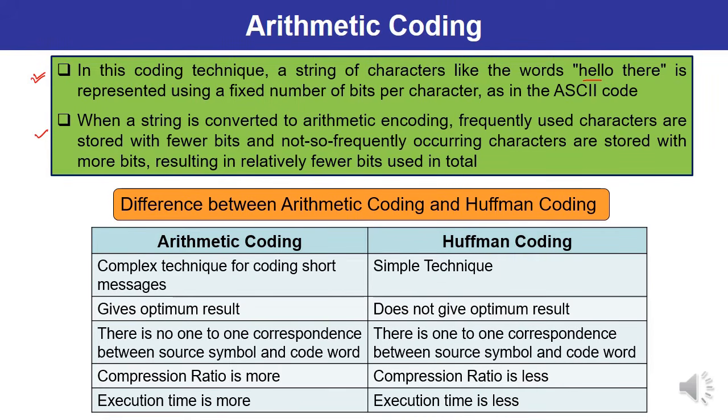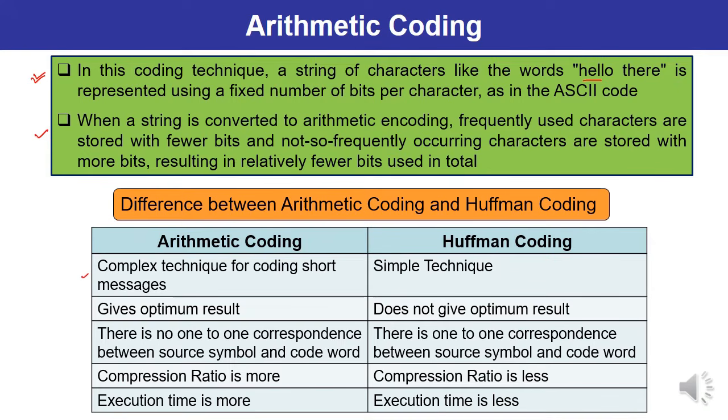But you have to study what is the difference between the arithmetic coding and Huffman coding. You must have studied till now run length coding, Huffman coding, Shannon-Fano coding, bit plane coding. But actually, what is the difference between arithmetic and the Huffman coding? See, arithmetic coding is relatively complex while Huffman coding is a simple technique.